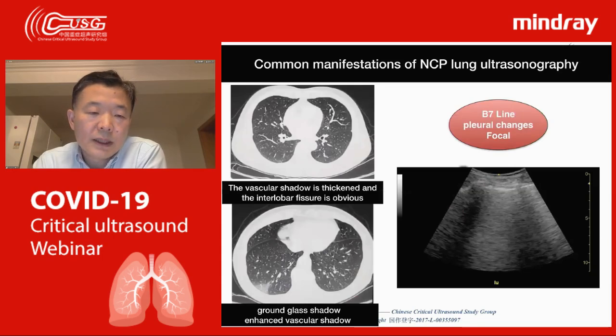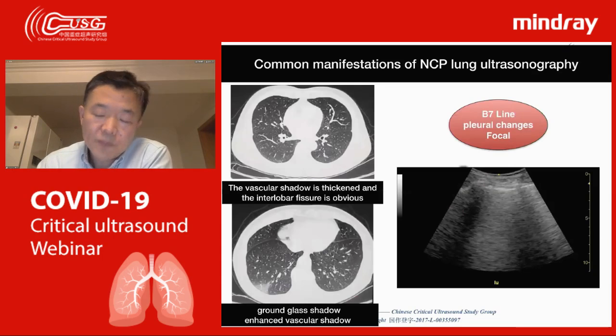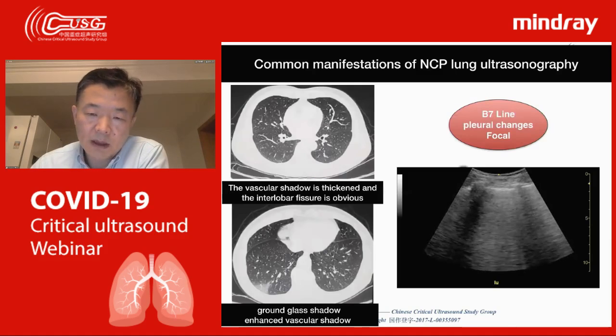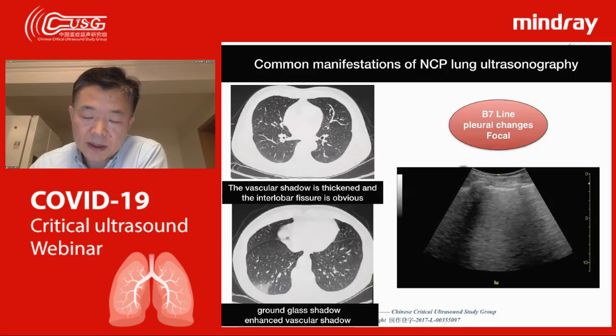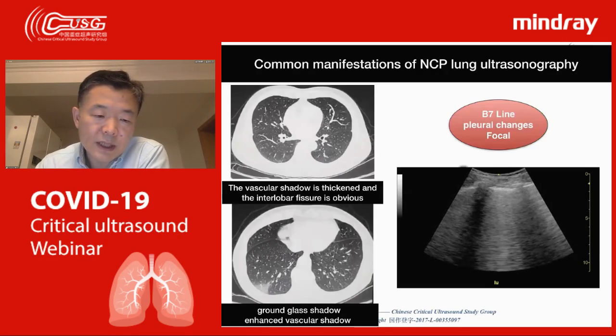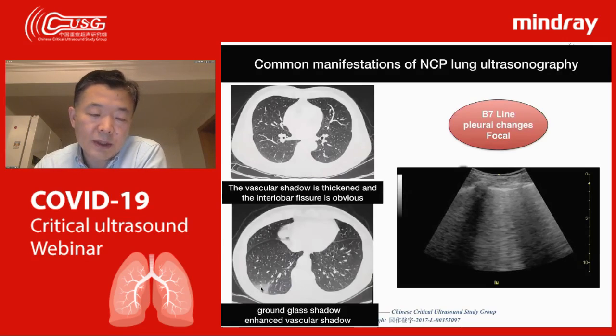So in this condition, the lung ultrasound will show you this kind of B line and the pleura a little bit changed, and it is a focal change. And also the pleural line is still regular or a little bit irregular. And in the lower part, you see here is GGO. We call it ground glass shadow.